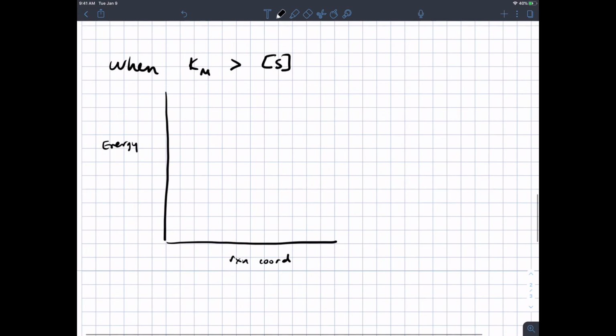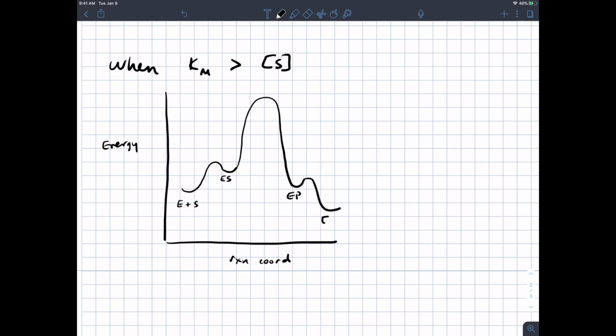If Km is greater than your substrate concentration, what that means is that at equilibrium, not a lot of your enzyme is bound by substrate. And then you've got the transition state, the enzyme product complex, dissociation to give enzyme plus product.